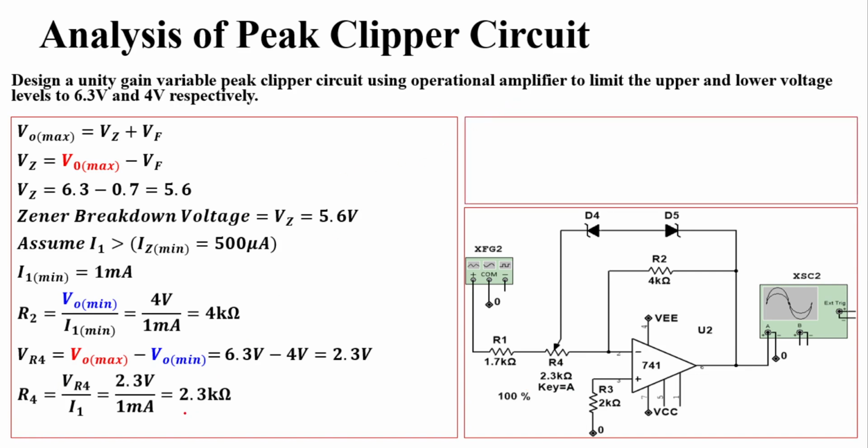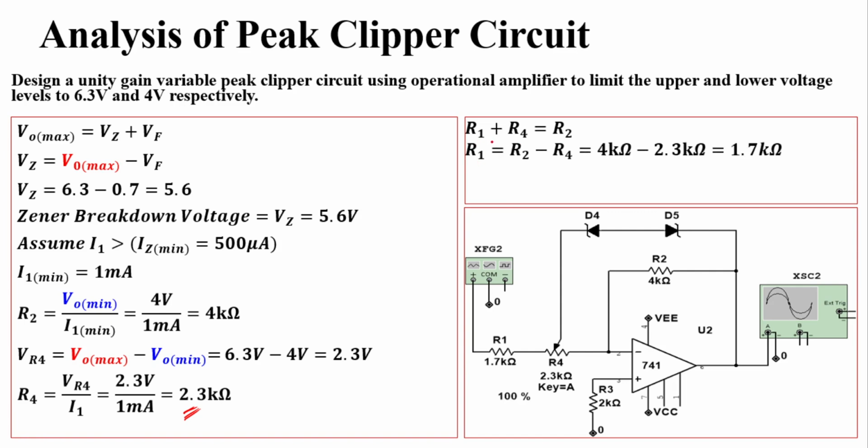These are very precise values, although you might not be able to procure these values. So you can buy a potentiometer which may fall somewhere near 2.2 kilo ohm or 3.3 kilo ohm. Now coming to the value of R1.